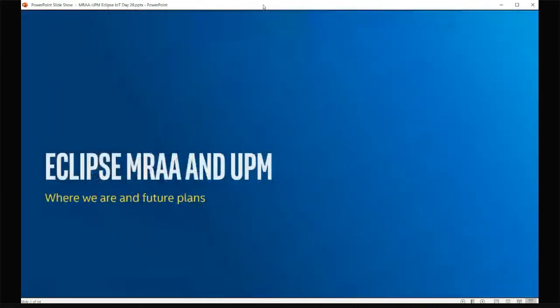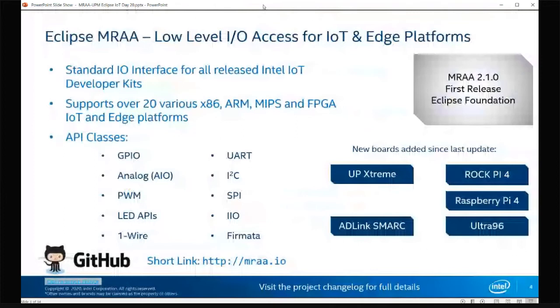So without further ado, the Eclipse MRAA and UPM, let's see where we are in a couple of project updates. For those of you just joining us and new to the projects, MRAA gives you user space access to pins and buses that you find on IoT platforms as well as newer edge platforms. A lot of the times, these are exposed to the developer, and it's not easy to get to them.